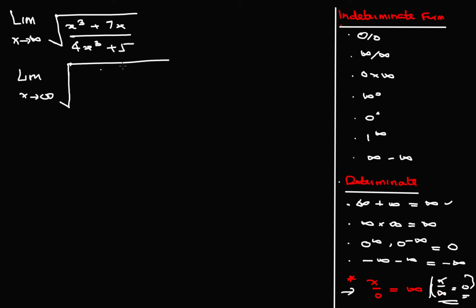So we are multiplying here 1 over x³ then times 1 over x³, right? So here we'll get 1 plus, see that? This will be 7 over x².